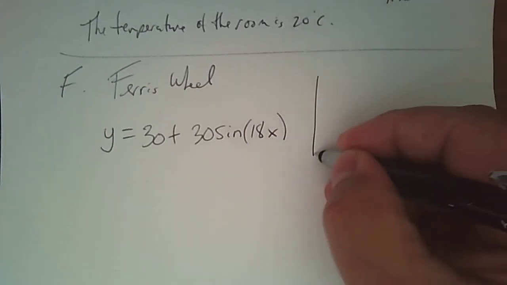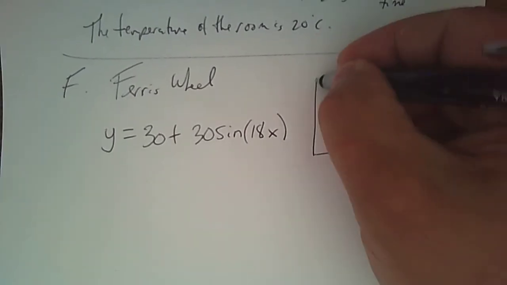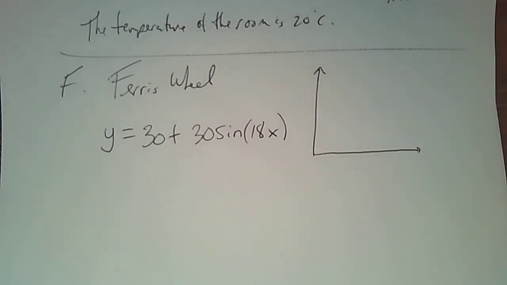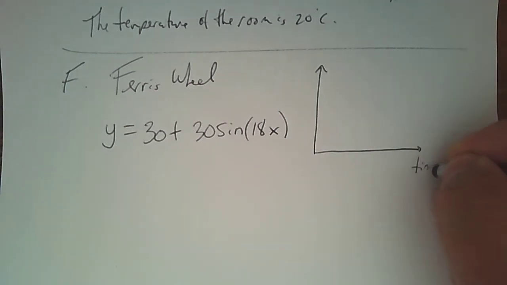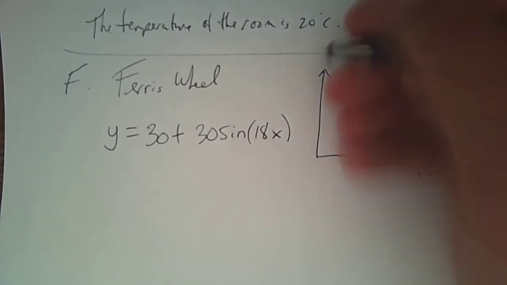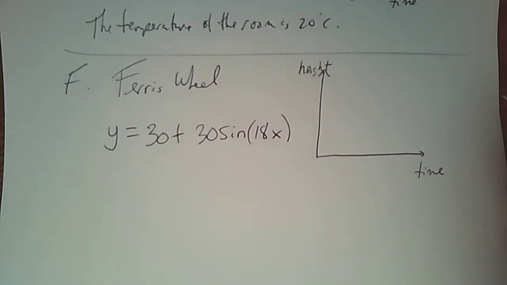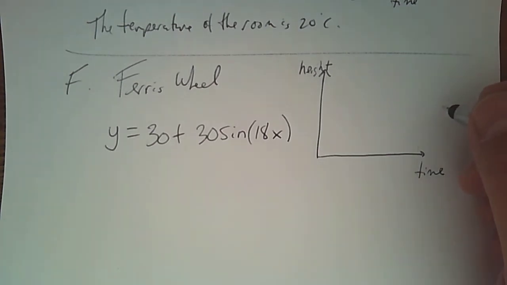But just in the first quadrant. So it's over time. Now the x-axis is going to represent seconds. So this one's time. The y-axis is going to represent the height of whatever seat that is. So let's see what's going to happen here. What I want to know is where it starts to begin with.